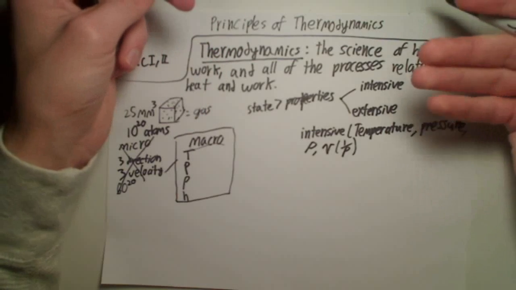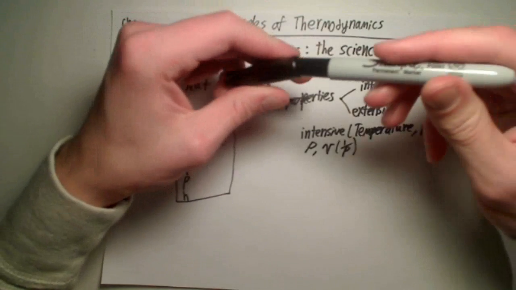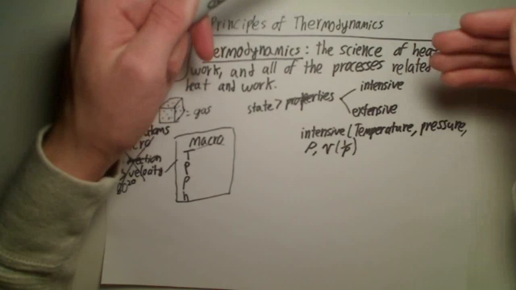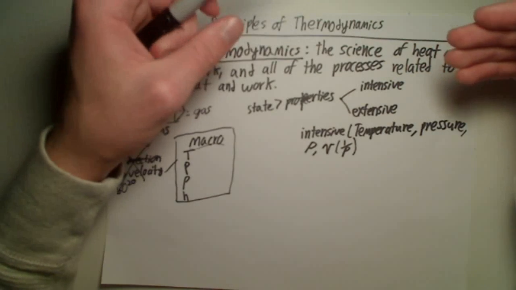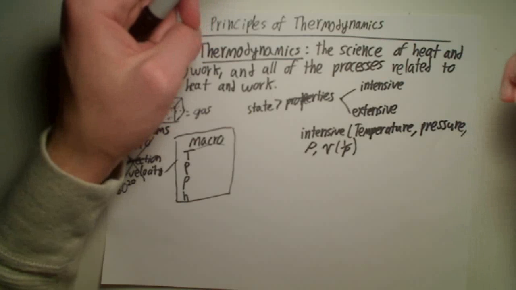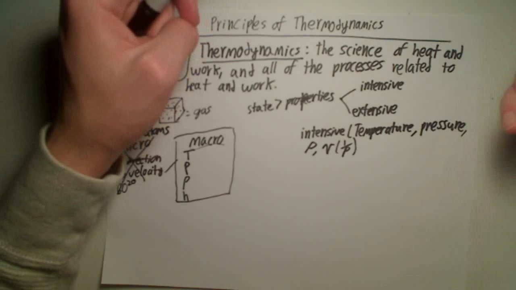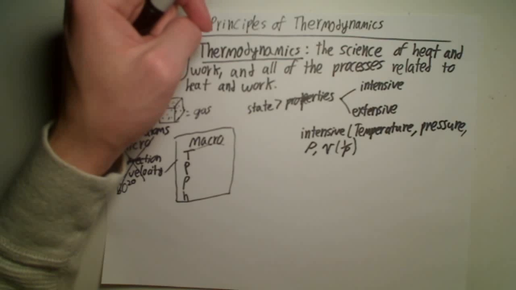It's just flipped over. And the reason why we use specific volume instead of density in these problems is that we usually know the mass of what we're working with and we're looking for the volume.